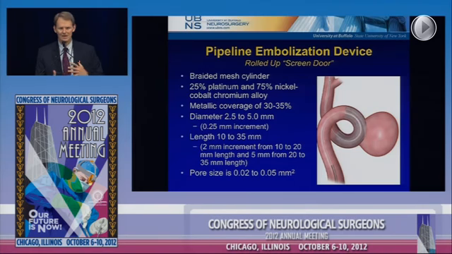The metallic coverage with this device, when you deploy it into the artery, is about 30 to 35% as compared to the traditional stents that we've been using, Wingspan and so on, that give you about 6 or 7% coverage. So it's a much more dense coverage. And they come in multiple sizes, and the pore size is 0.02 to 0.5 millimeters squared. Next.